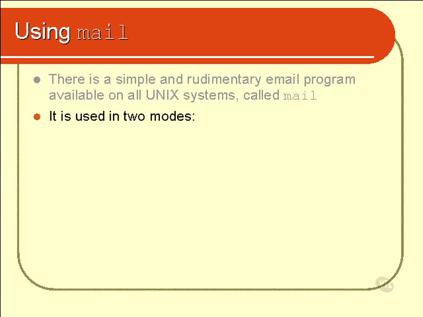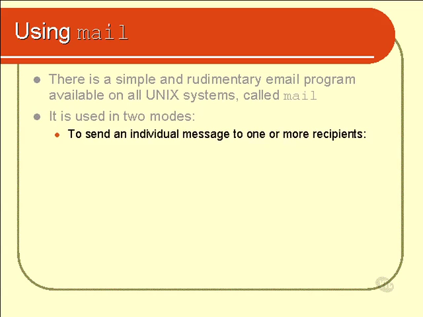Mail is used in two modes. One is used to send an individual message to one or more recipients. To enter this particular mode, you simply type in the following on the command line, the name of the user that you wish to send the mail to.